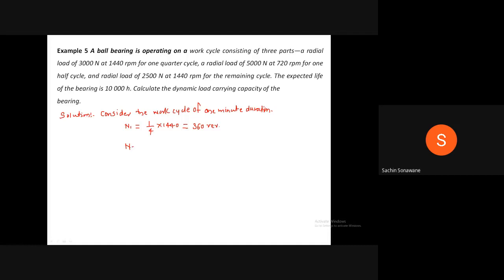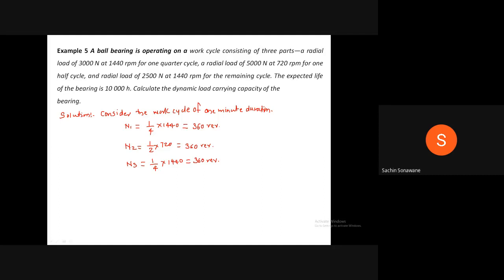Similarly n2 is equal to how much? 1/2 cycle of 720 rpm. Therefore 1/2 into 720 is equal to again 360 revolutions. Then n3 is equal to, for the remaining cycle, now 1/4 plus 1/2. Therefore how much is remainder? Again 1/4 is remainder into 1440 rpm, which is equal to again 360 revolutions.